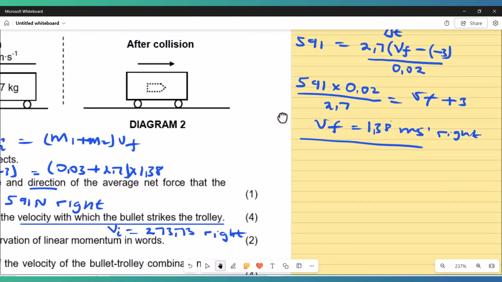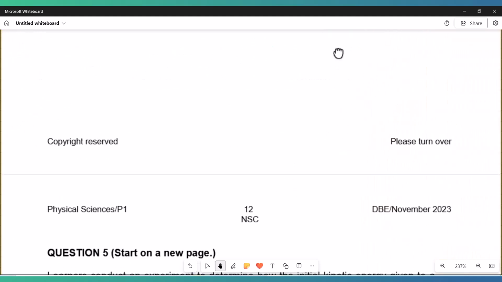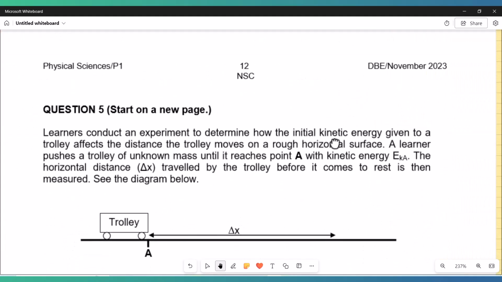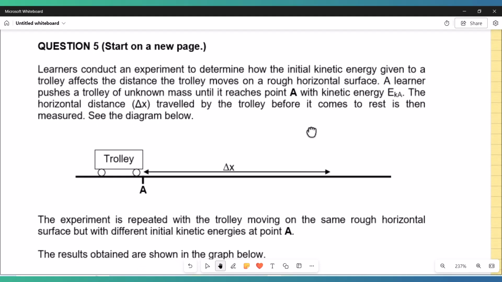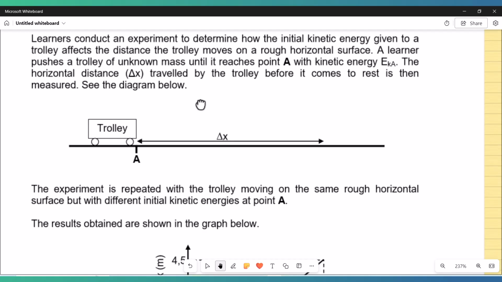Let's move on, guys. That is question 5. They say that learners conduct an experiment to determine how the initial kinetic energy given to a trolley affects the distance the trolley moves on a rough horizontal surface.